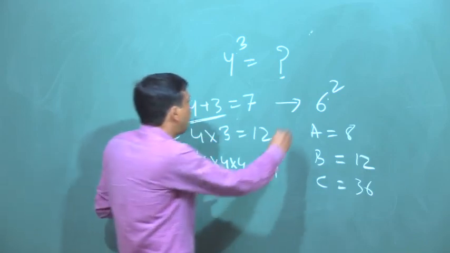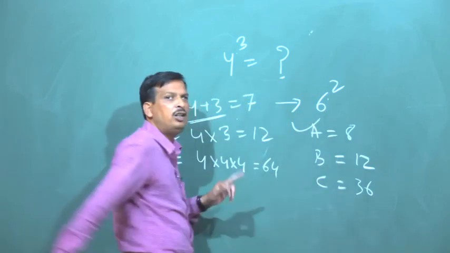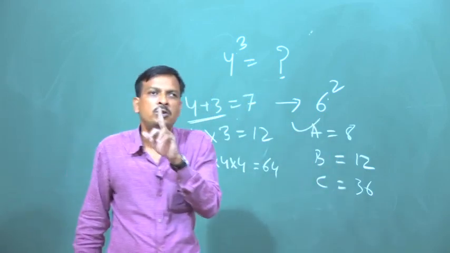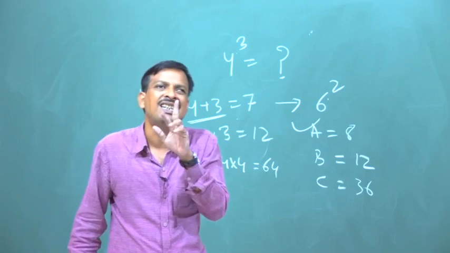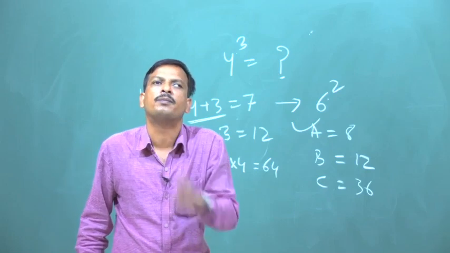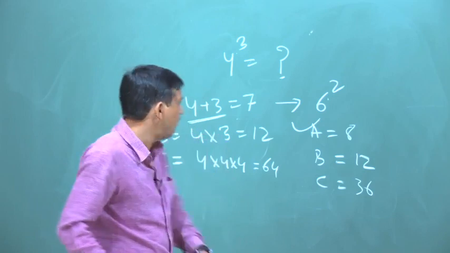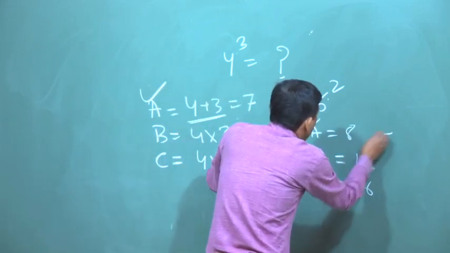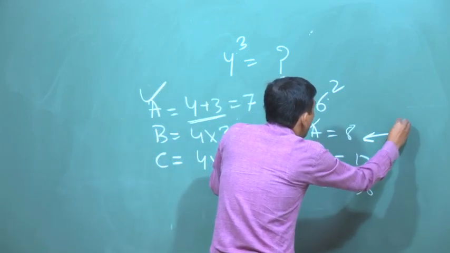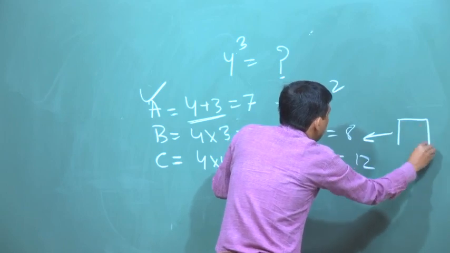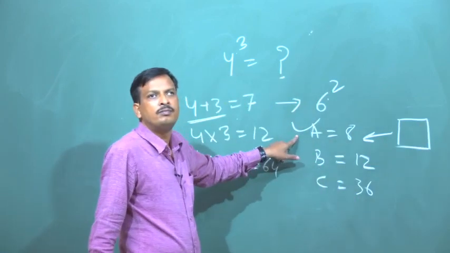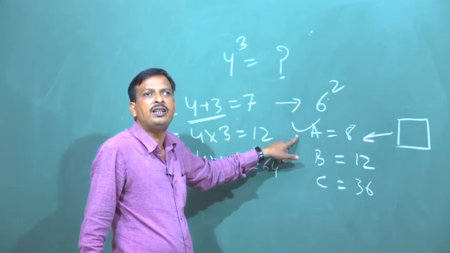If he again chooses A, then you confirm that the student's misconception is that he is adding these two numbers. Then you can provide a remedial lesson to the student. Please read this text, because you are adding these two numbers.